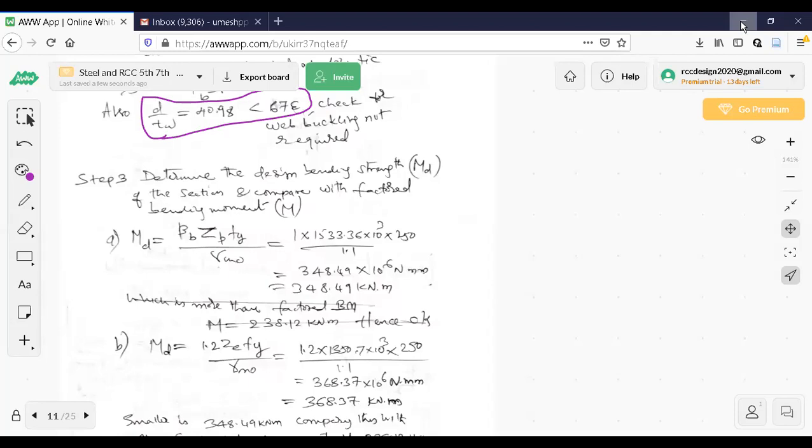I'll try to open something, but the system has become very slow. I wanted to show you that particular table which you have to refer, so that you don't have to remember anything.